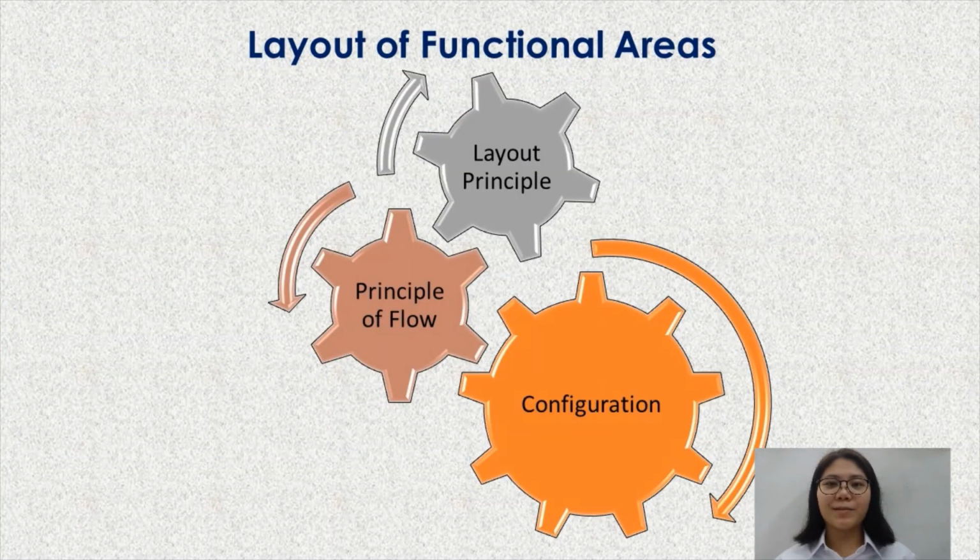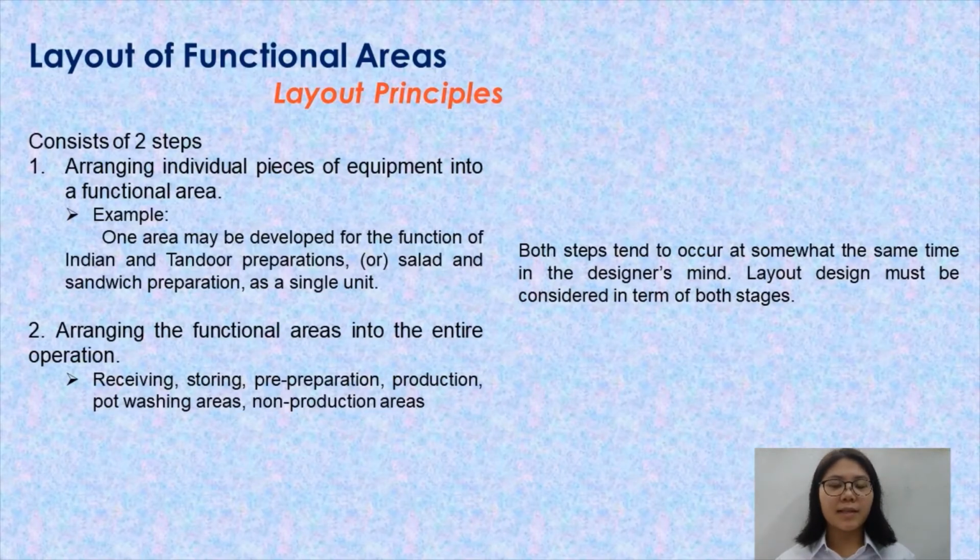And now we proceed to the layout of functional areas, which consists of three: layout principle, principle of flow, and configuration. For the layout principle, it consists of two steps. First, arranging individual pieces of equipment into a functional area. For example, one area may be developed for the function of Indian and tandoori preparations, or salad and sandwich preparation as a single unit.